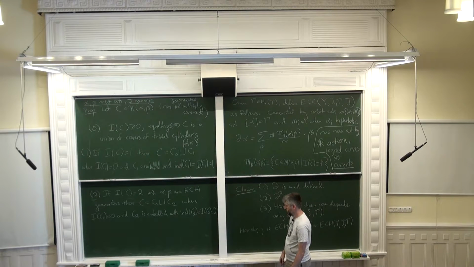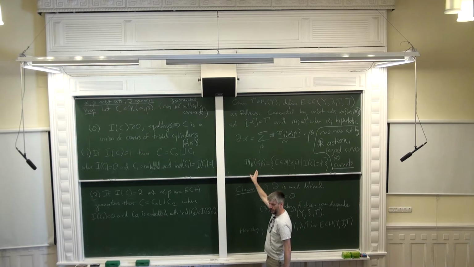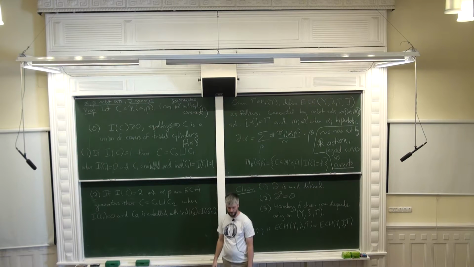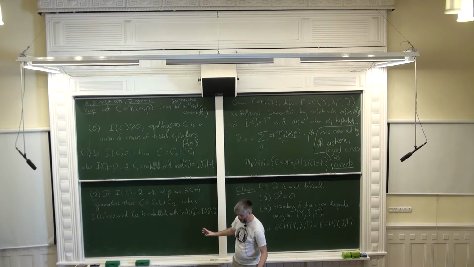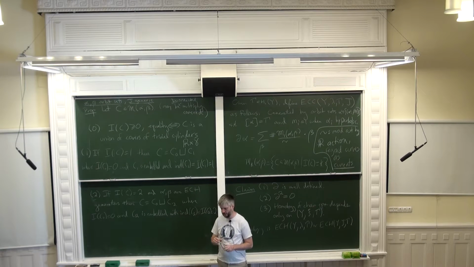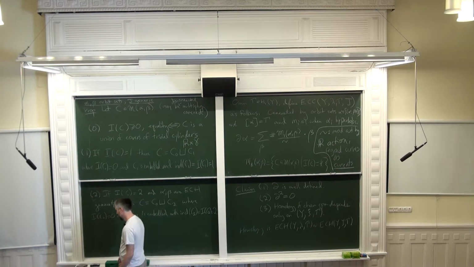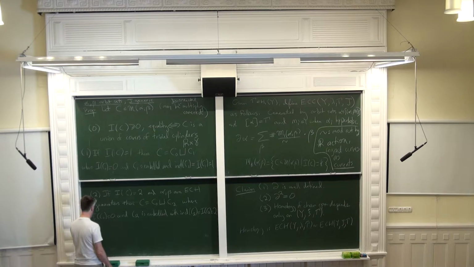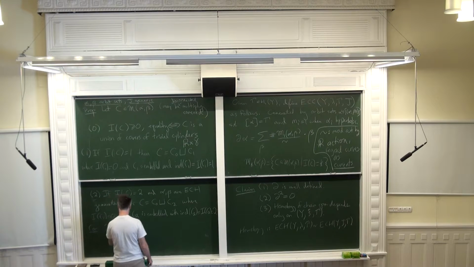That's the proposition. So basically, when we restrict the ECH index to be small, we get good control over what kind of curves we have, even without any assumptions about them being somewhere injective. So then the corollary of this proposition is that the differential is well defined.